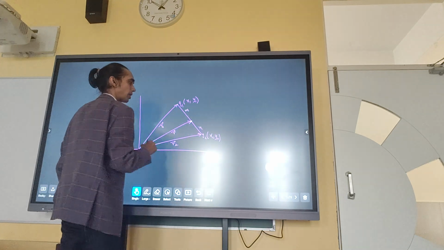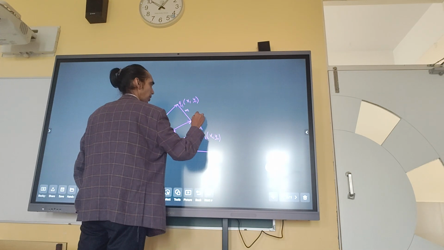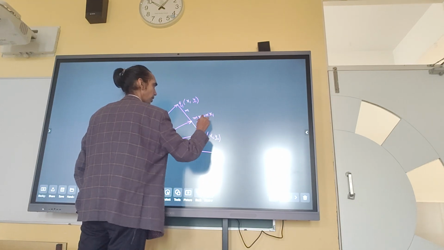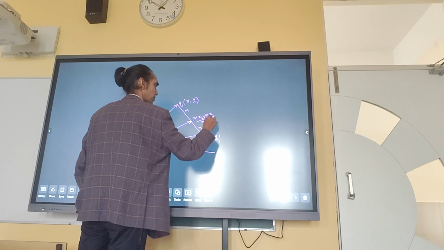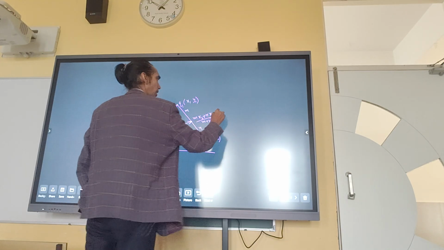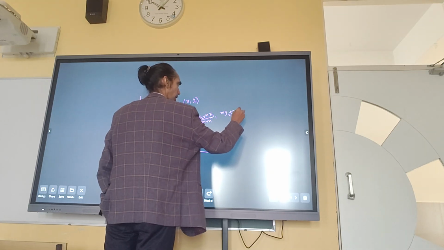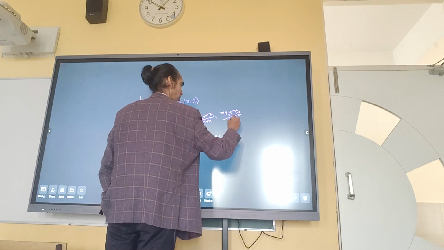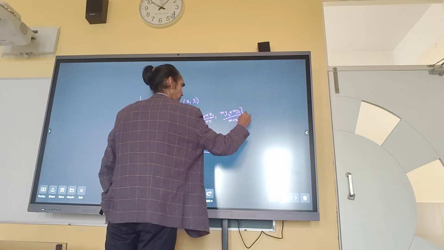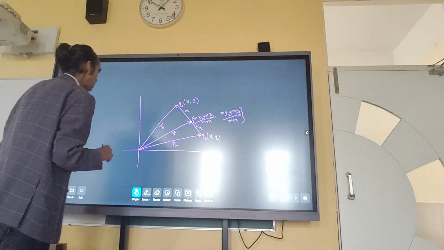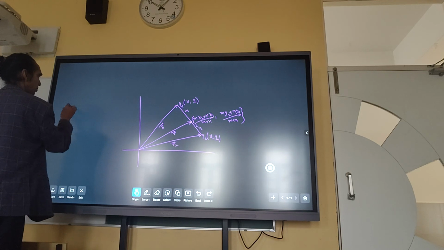What do we see from here? m x2 plus n x1 divided by m plus n. Finally, m y2 plus n y1 divided by m plus n. So R is what to me, our vector, if I am to write.